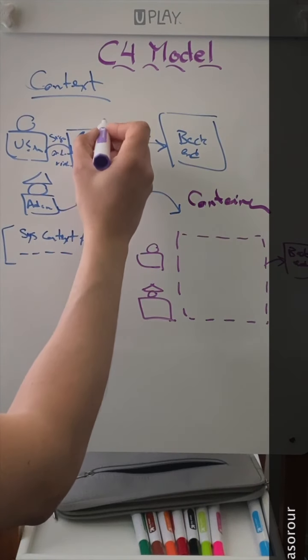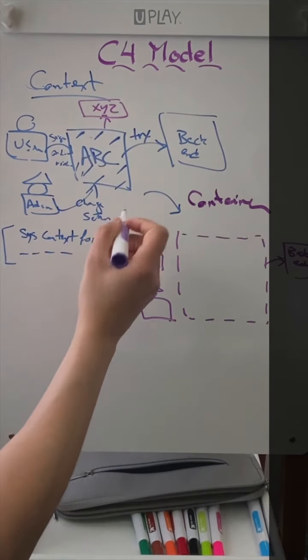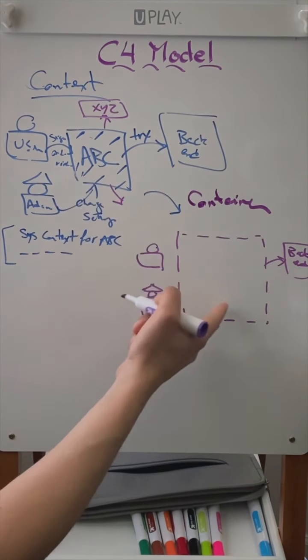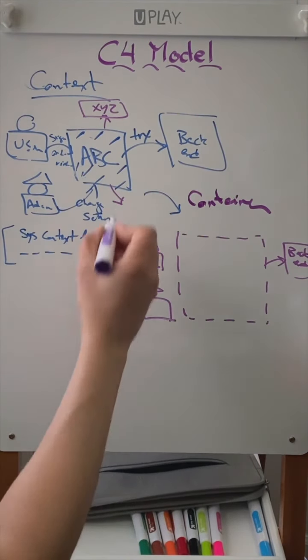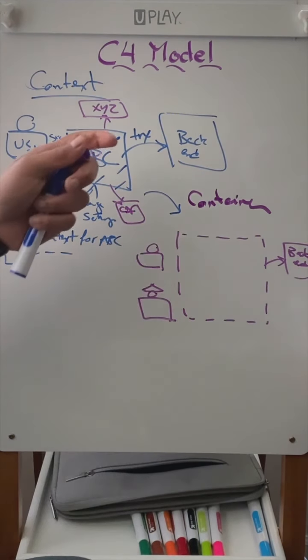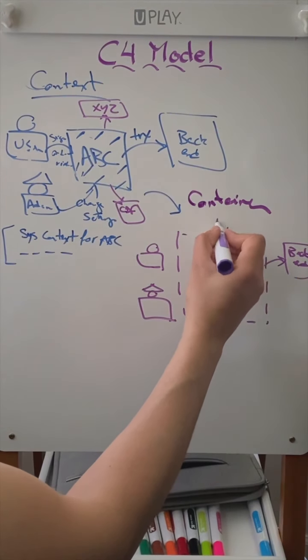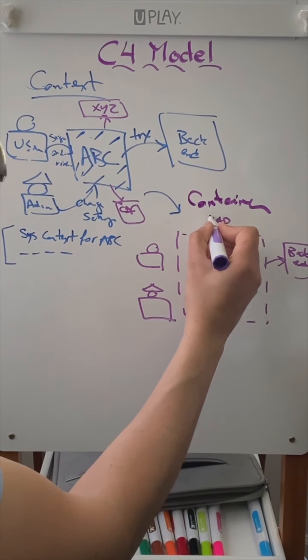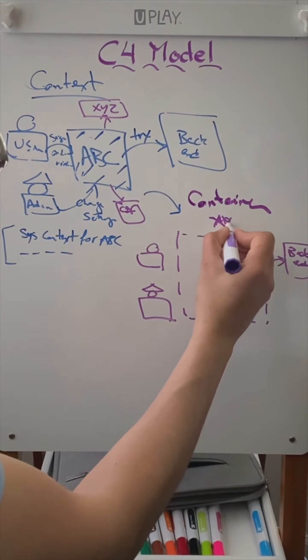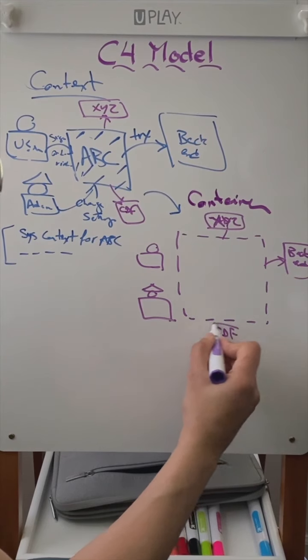ABC can be working here with the XYZ system, but this is out of scope. I'm taking this to the next level: the CDF system. I'm taking this and breaking it down, and this relation would be coming out here. So this is ABC, this is XYZ, and this is CDF.